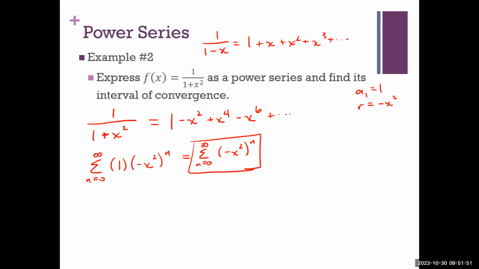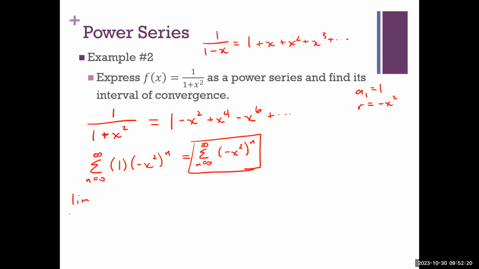Now, can I find the interval of convergence of this thing? How do I find the interval of convergence? That's the ratio test. Now, this is one of the major additions here. Instead of me giving you a power series and asking where it converges, I am telling you to build a power series, then tell me where that converges.